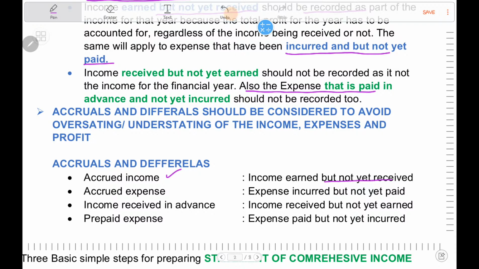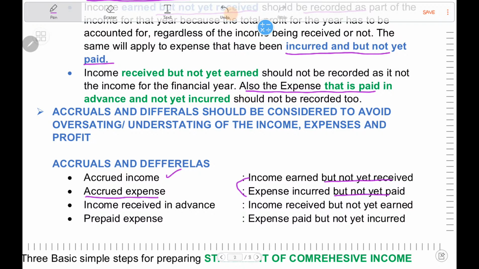Then the same applies with accrued expense. Accrued expense is an expense that has been incurred but not yet paid. So the same description that applies with the income applies with the accrued expense as well. So accrued incomes and accrued expenses, we treat them the same way.